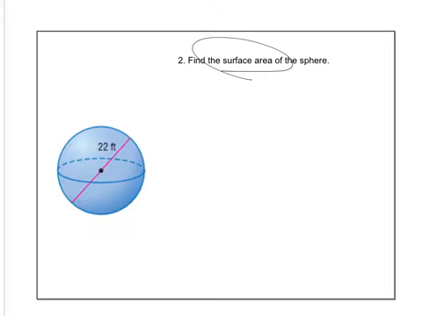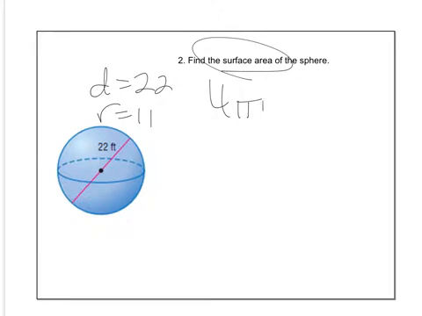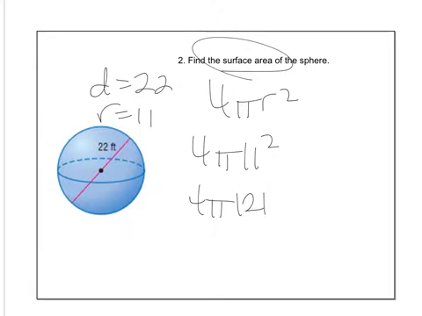Surface area of the sphere. This time the diameter is 22, which means the radius is 11. So that's 4 pi r squared, 4 pi 11 squared, 4 pi 121, so that's going to be 484 pi feet squared, and that's exact.